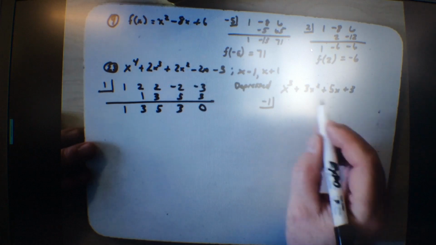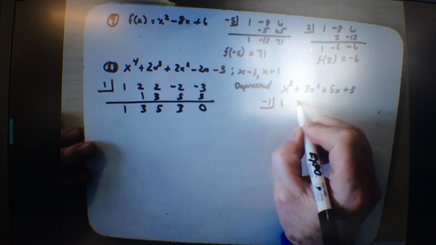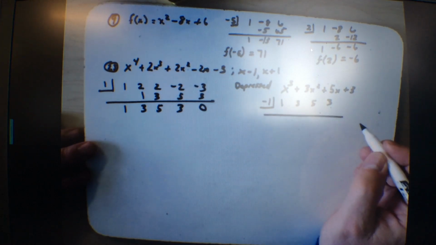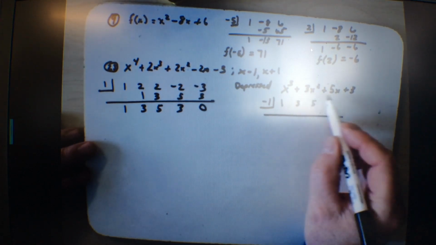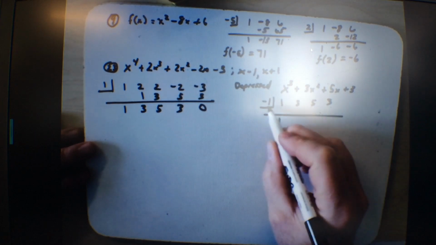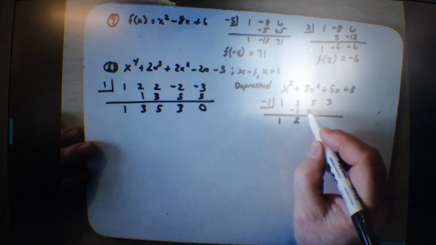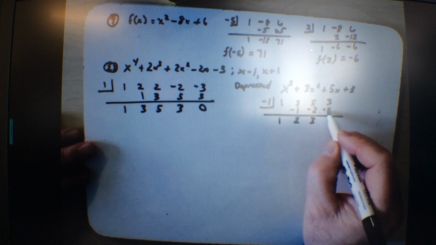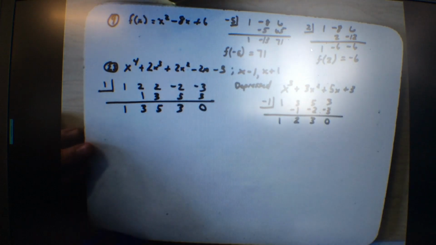So we have 1, 3, 5, and 3, correct? Now I bring down the 1. 1 times -1 is -1. That's 2. 2 times -1 is -2. That's 3. And 3 times -1 is... So look at that.